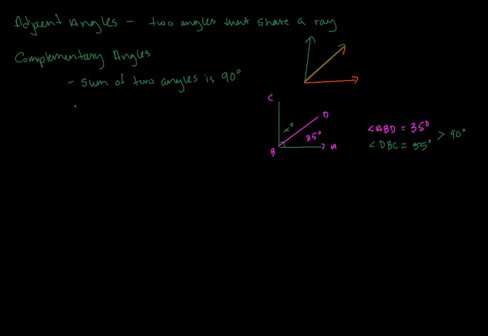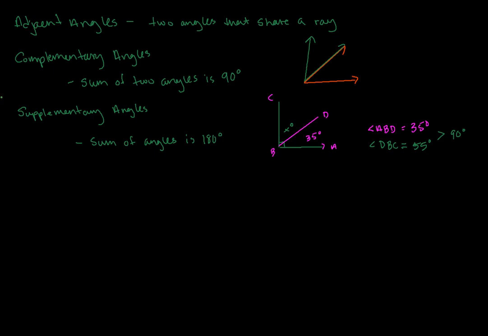You also might get a scenario where things add up to 180 degrees, and we call those supplementary angles. And this is when the sum of the angles is 180 degrees, or a straight line, right?